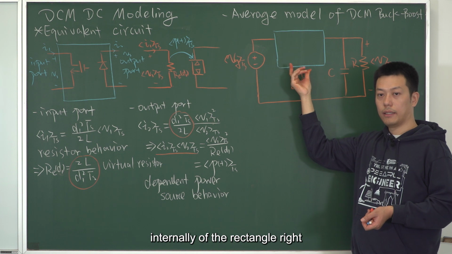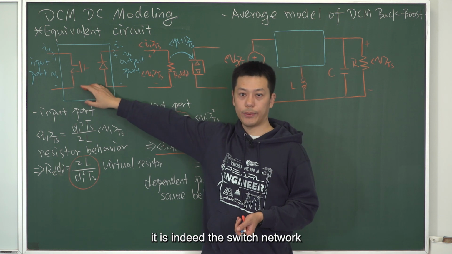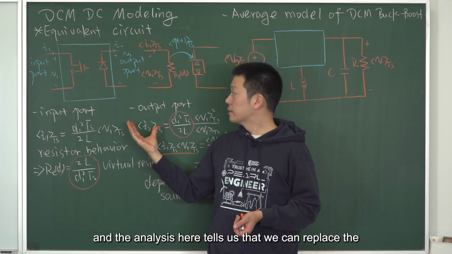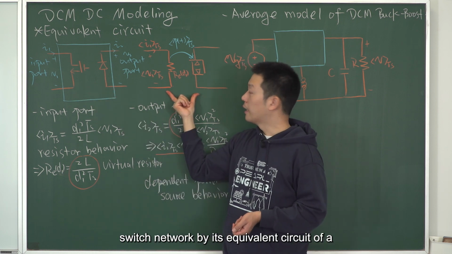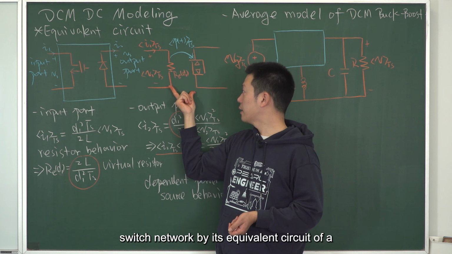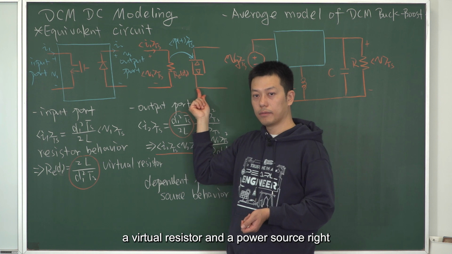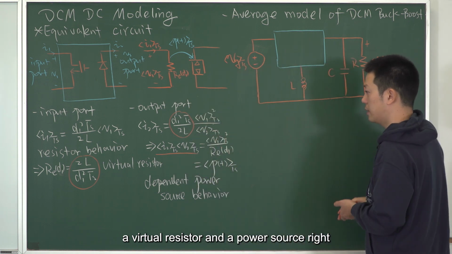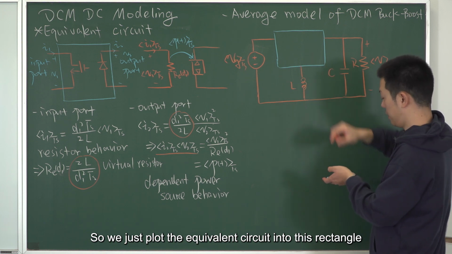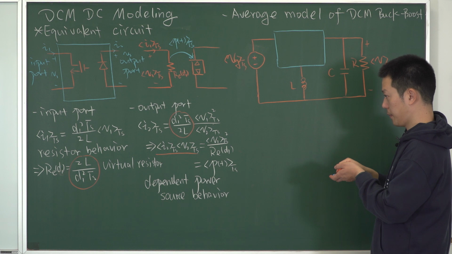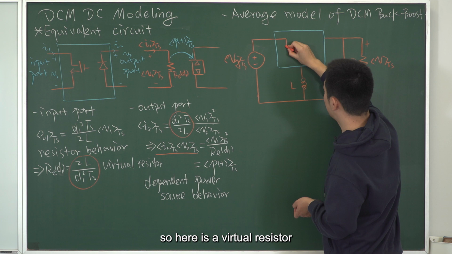Internally of the rectangle, it is indeed the switch network. And the analysis here tells us that we can replace the switch network by its equivalent circuit of a virtual resistor and a power source. So we just plot the equivalent circuit into this rectangle. So here is a virtual resistor.